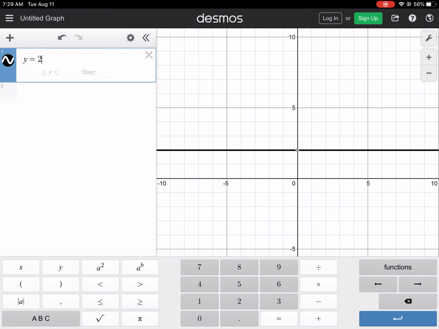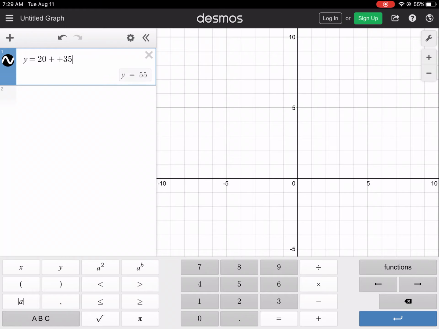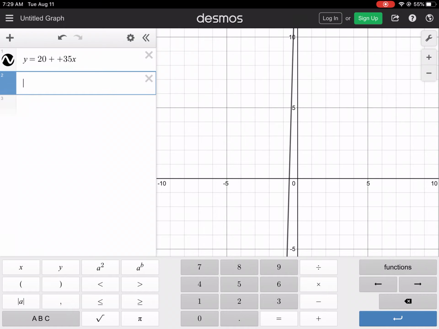I don't really think you need the y equals, but I'm going to put it in there anyway, plus 35x, x, not parentheses. And then Diego is going to be 50 plus 25x. So y equals 50 plus 25x.